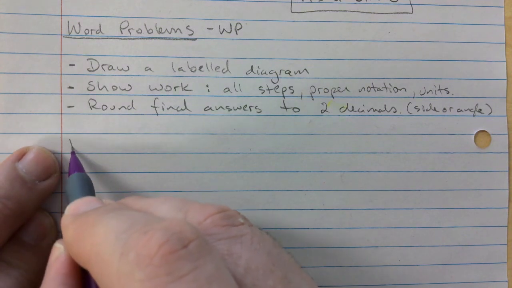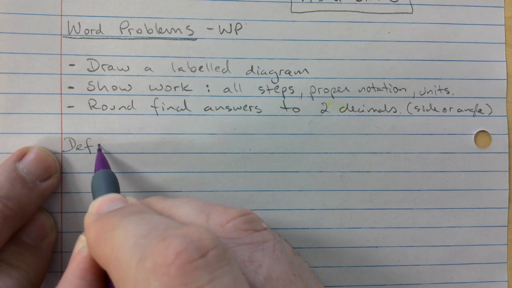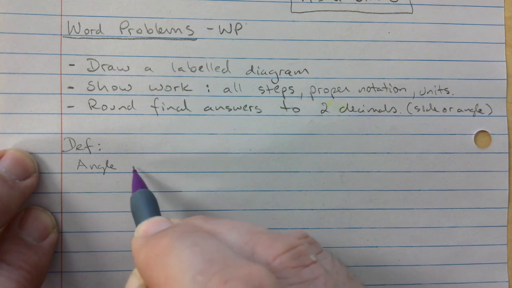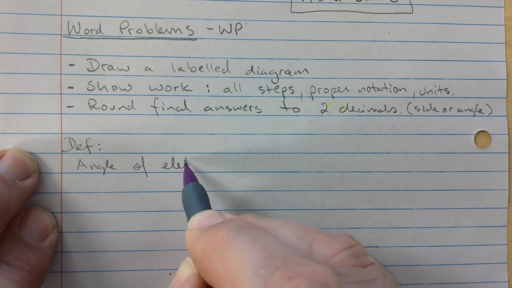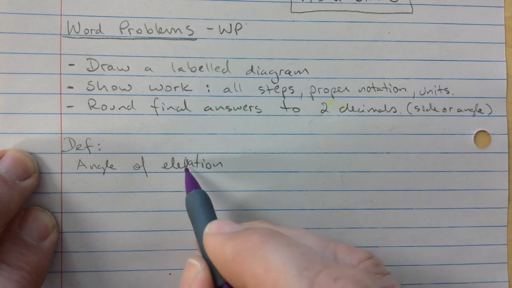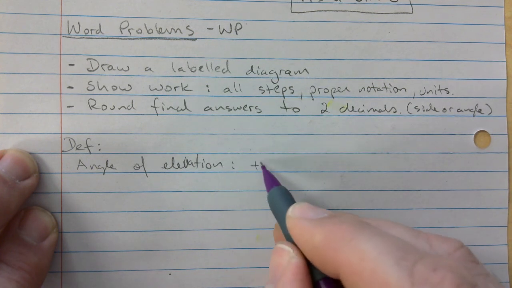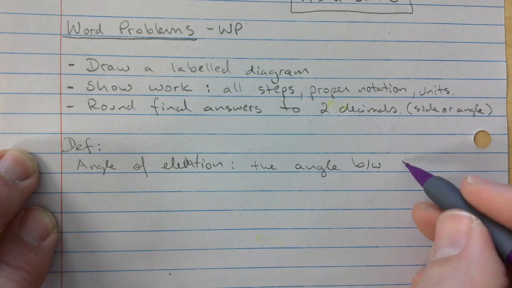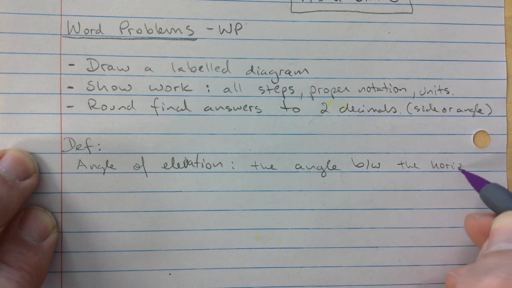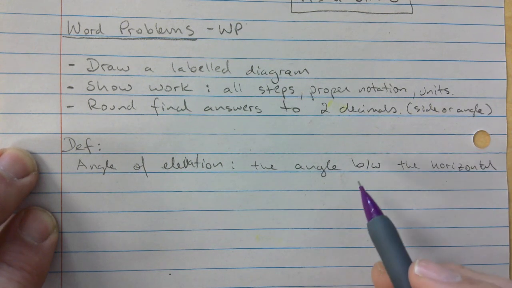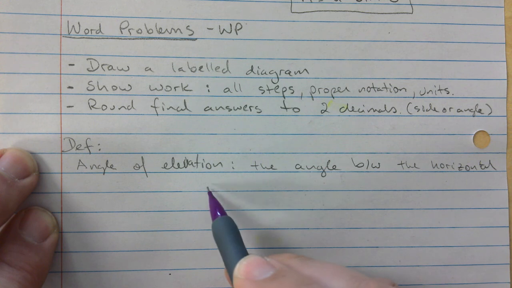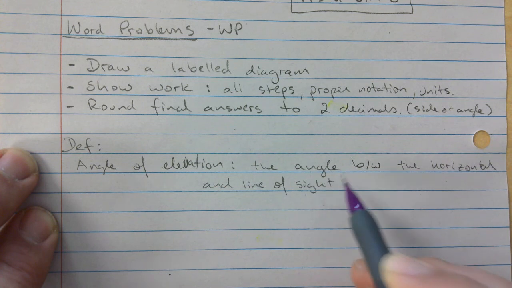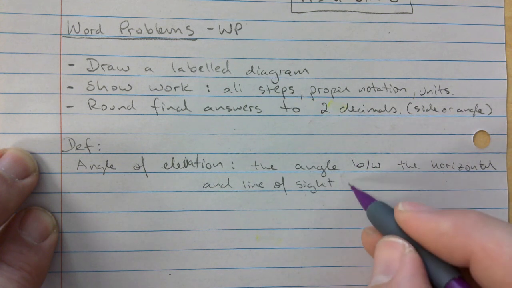Some definitions. Angle of elevation. The angle between the horizontal and line of sight looking down.